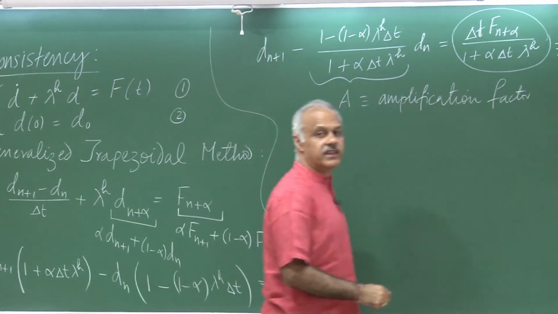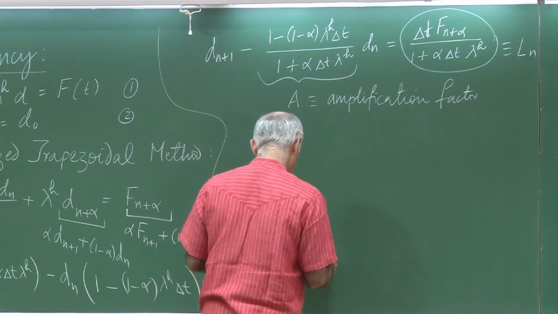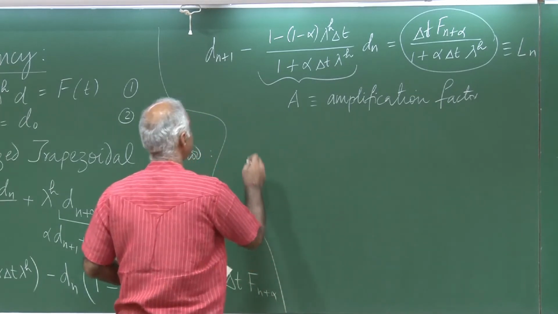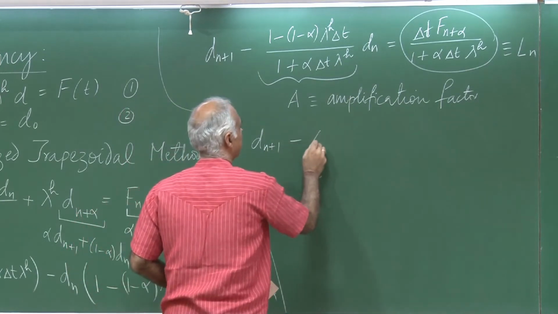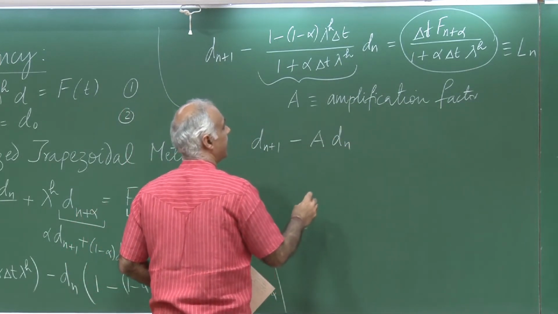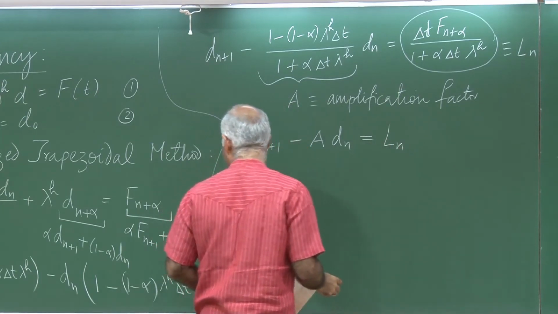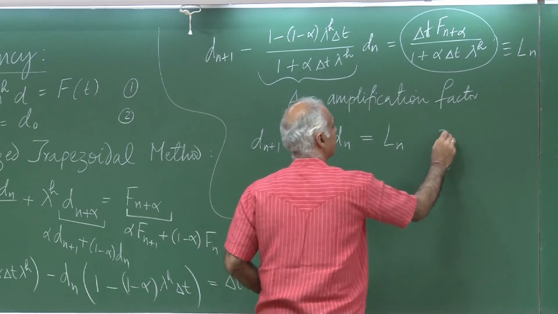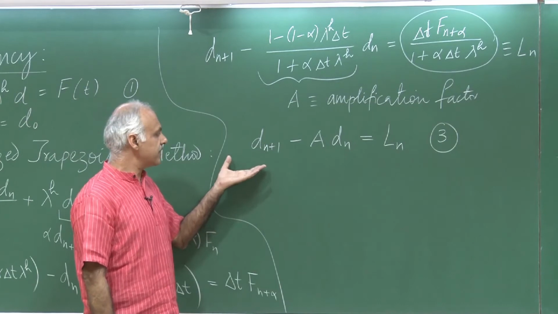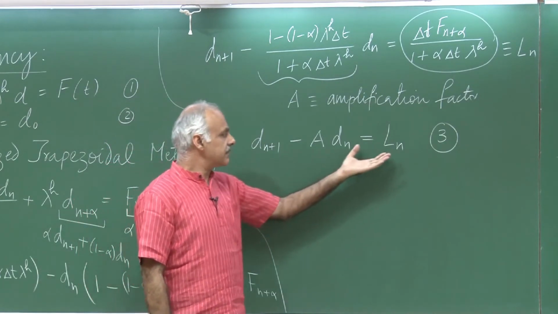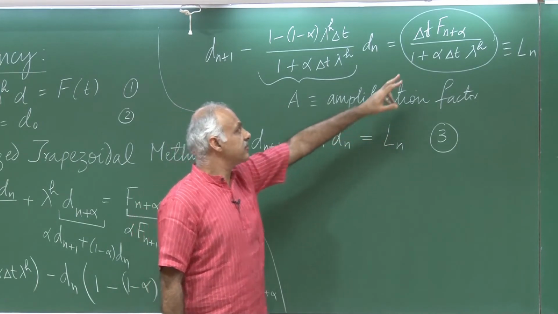So, this is just a notation, and therefore, I can write this equation as the following: d n plus 1 minus A dn, this is going to be given as Ln, and let me call this as equation number 3. So, again very similar to the equation we derived in the last session, except that there is a term on the right hand side which is essentially because of the forcing.